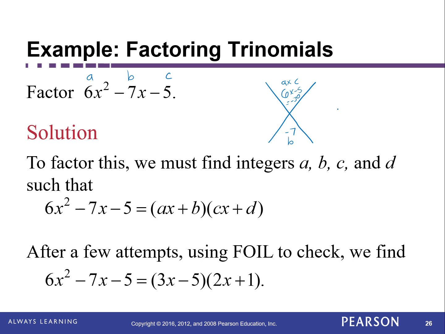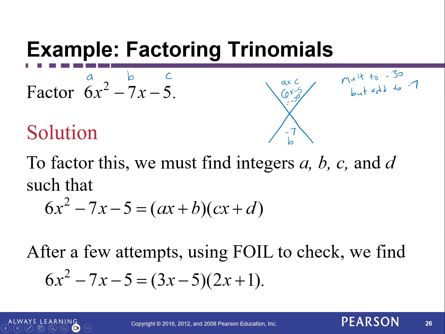All right. Now, what I need are two numbers that multiply to give me negative 30 and add to give me negative 7. So we think about the factors of 30.